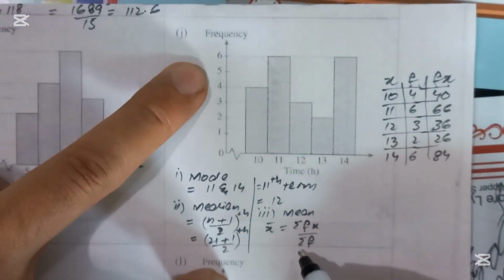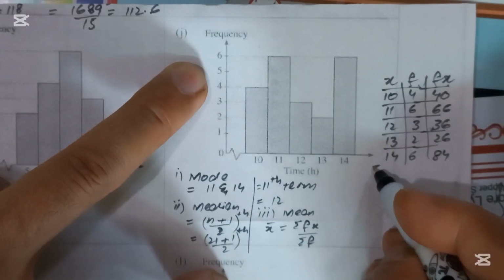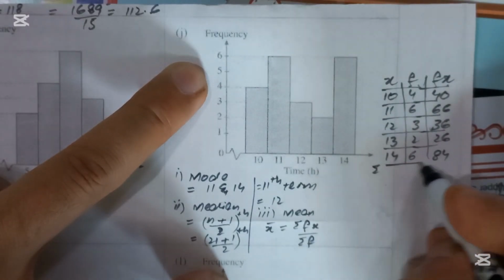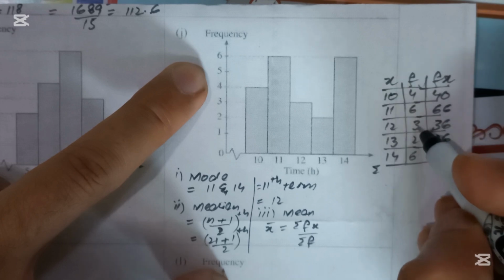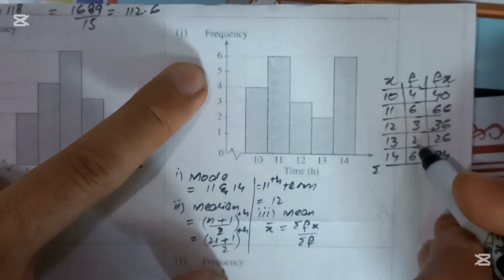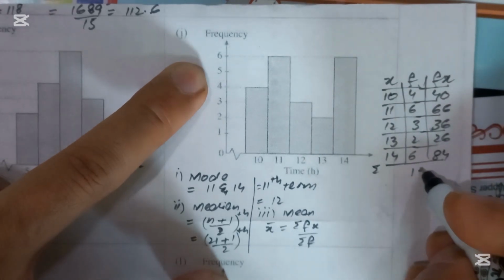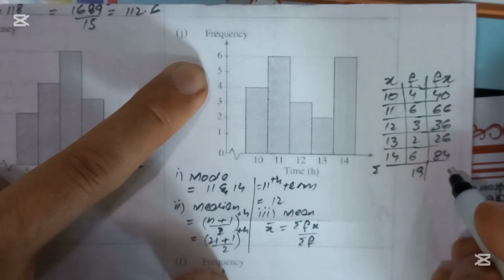Now we can see from the formula we need the summation fx and summation f. So here we apply the sign summation and now add these values. 4 plus 6 is 10, plus 3 is 13, plus 2 is 15, plus 6 is 19. So summation of f is 19.